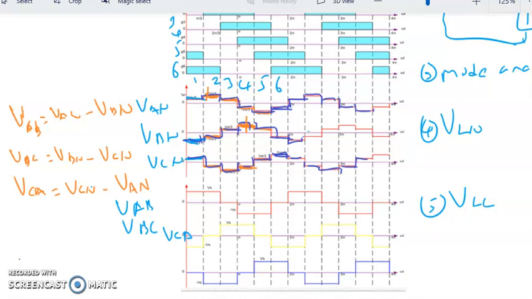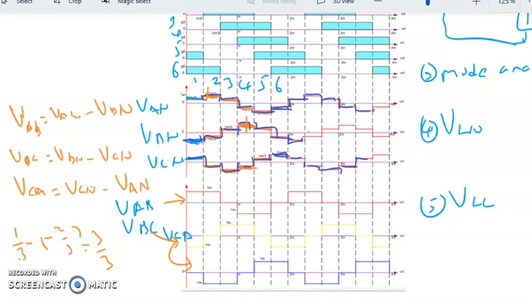Let's say we are charting for VAN and VAB just now, this one. So VBC is this one, VCA this one. VAN minus VBN, 1/3 minus negative 2/3. So negative is positive, we get 3/3 positive.